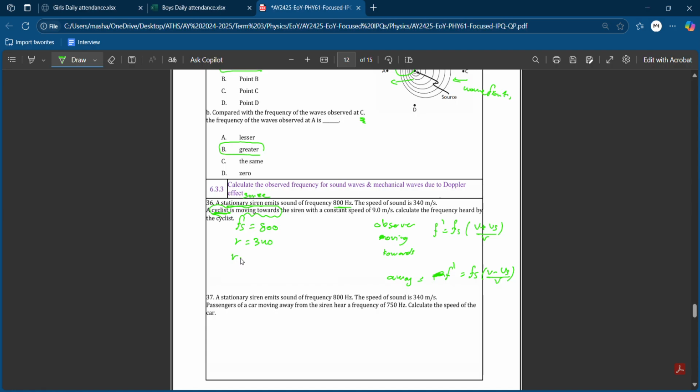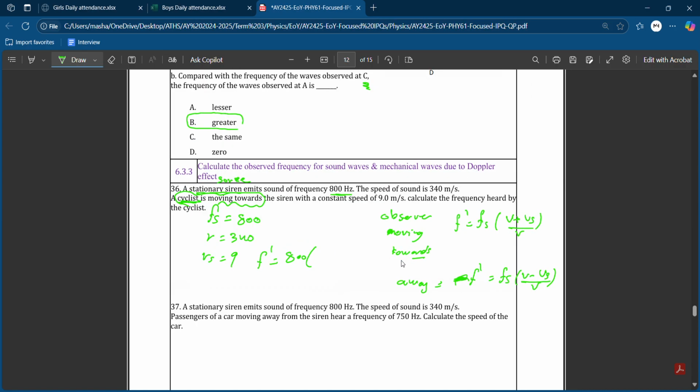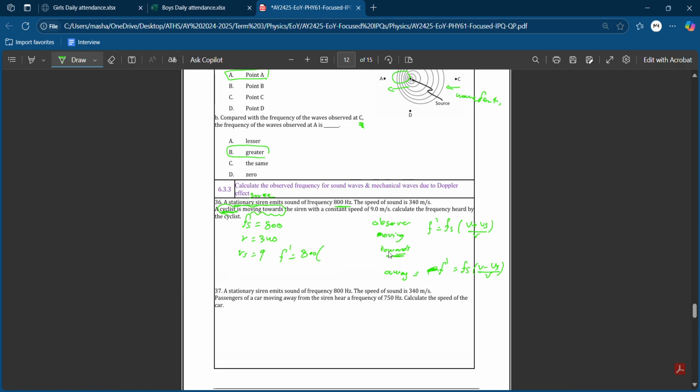Vs equals 9. Calculate the frequency. Use f prime, fs equals 800. Since it's moving towards, it's v, which is 340 plus 9 over 340. Using the calculator, it's 821 Hertz.